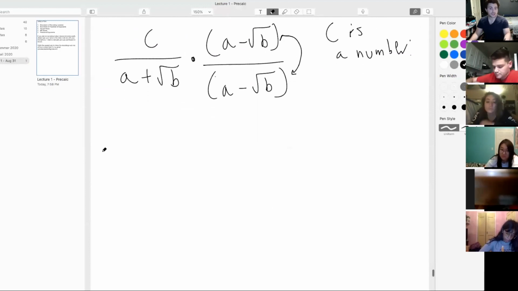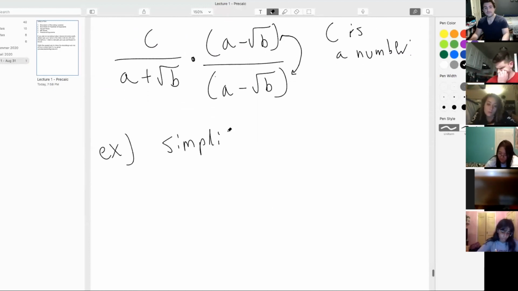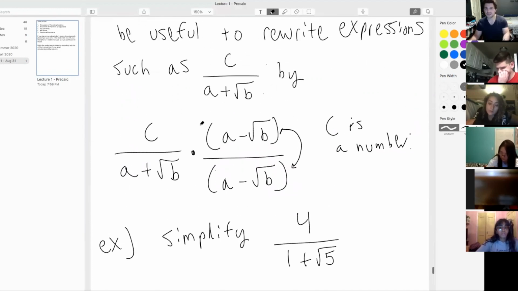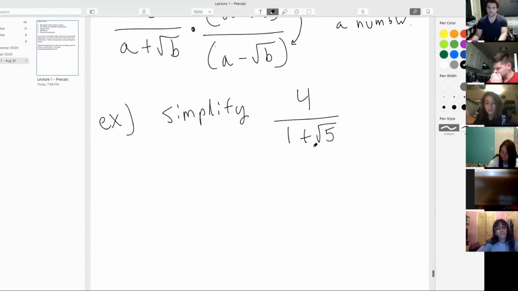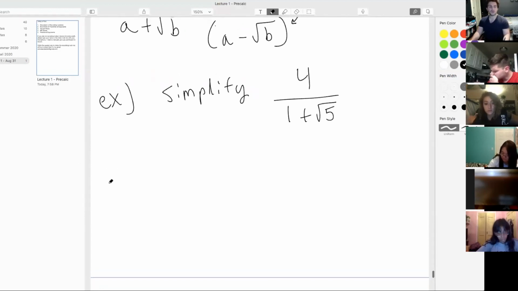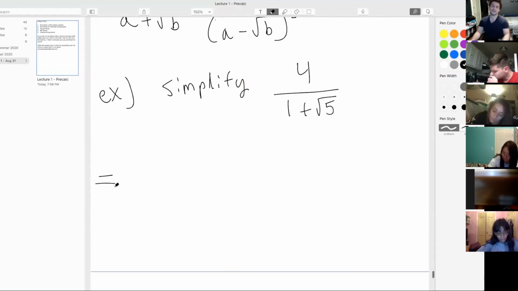So let's just do one example. Simplify 4 over 1 plus the square root of 5. I hope you agree this does take the form c over a plus square root of b. What we're told is that we should multiply the top and bottom by the conjugate of the denominator.